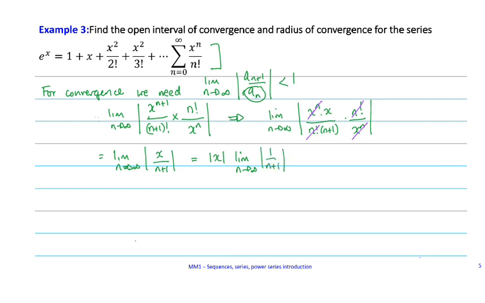And you can see if I make n go to infinity, what will I get as my result? Zero. So we'll actually have x times 0. Let me just write that so it's a little bit bigger. Which is equal to 0. And this happens for all x.